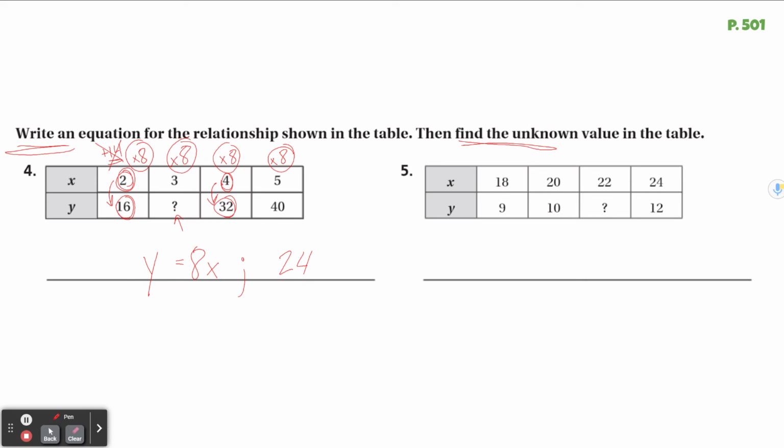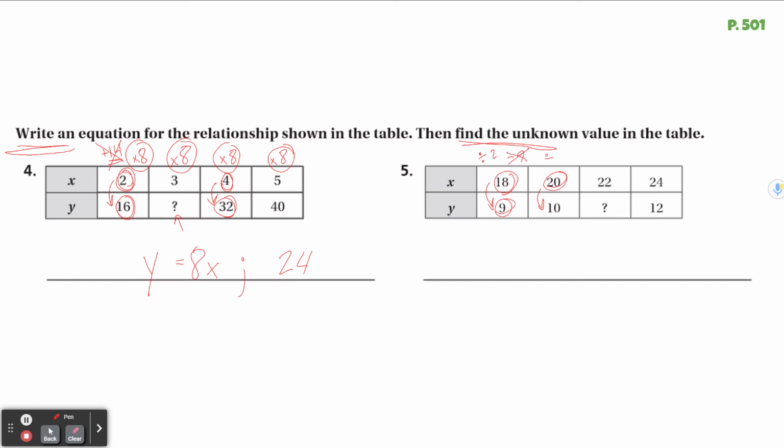All right, so we are trying to figure out how I go from 18 to 9. So I can either divide it by 2 or minus 9. So now let's check this one, 20 to 10. Well, 20 divided by 2 is 10, but 20 minus 9 is not 10.